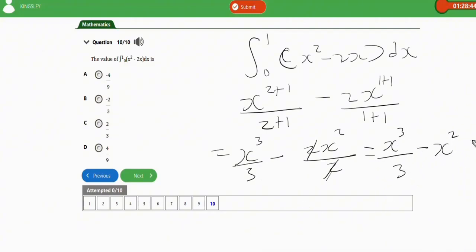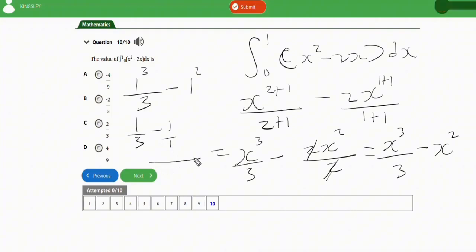So let's plug in the value of the upper limit to simplify. When you plug in, you're going to have 1^3 over 3 minus 1^2. So this is the same thing as 1 over 3 minus 1. Find the LCM.